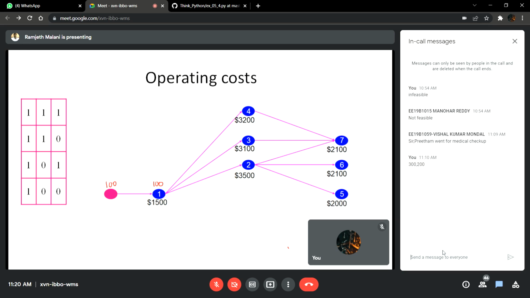Then what should be the transition cost from here to here? There is no transition cost. Your transition cost means startup and shutdown costs. You are not starting up or shutting down anything, so the transition cost here is 0.